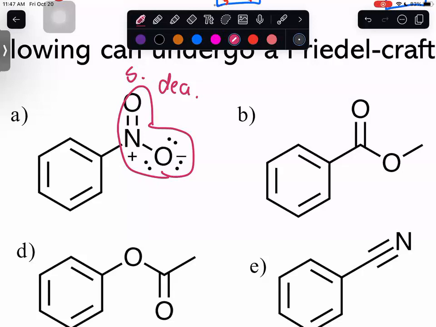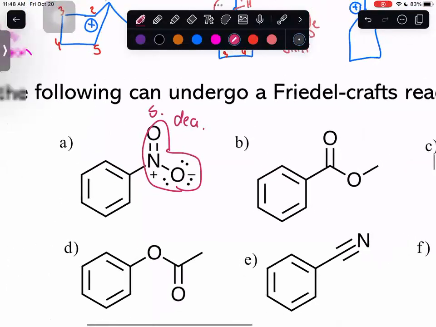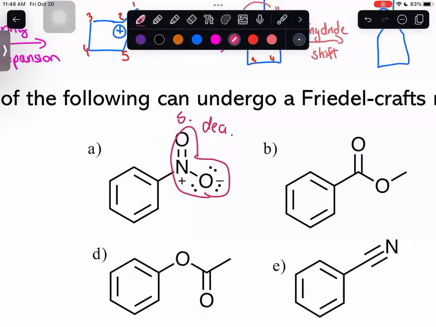Anything that's red is going to be a strong deactivator, but the ones that go more to the right are even the strongest of all. So we have a strong deactivator, so that means that A is not going to happen for that reason.